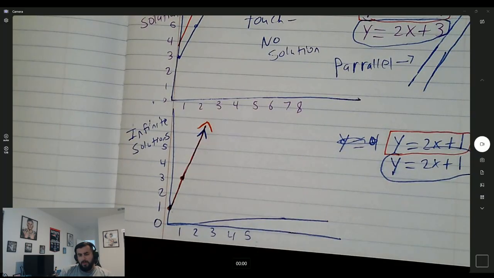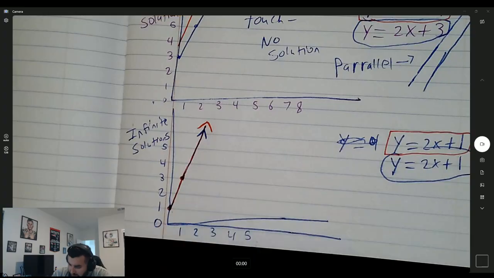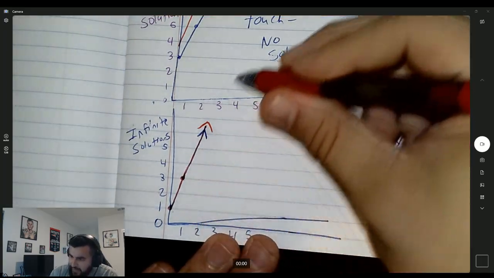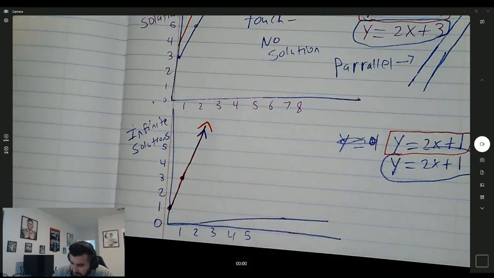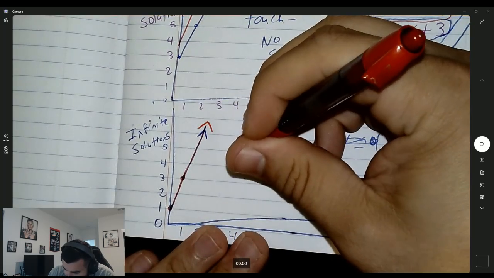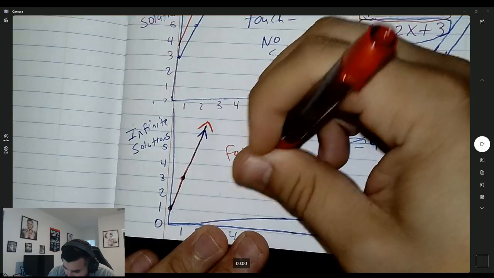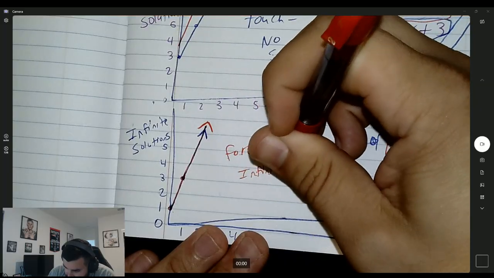Huh. Those are touching at all times. And if I keep drawing this forever, are they going to keep touching? The answer is yes. These will touch forever. So since these touch forever, these are infinite solutions.